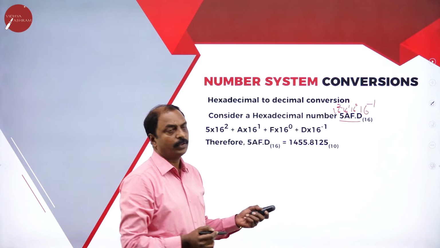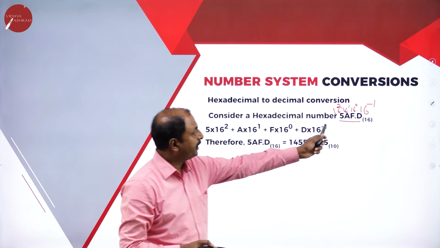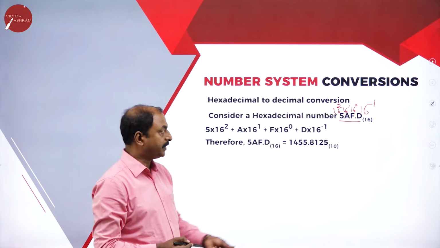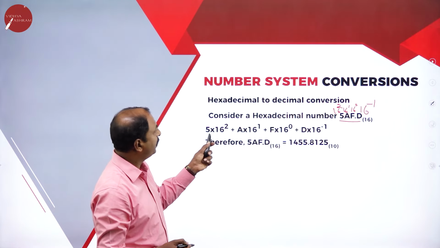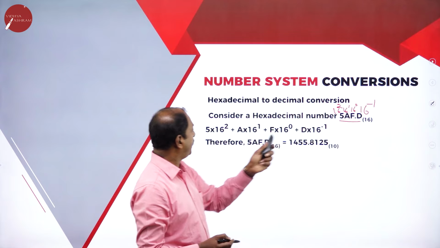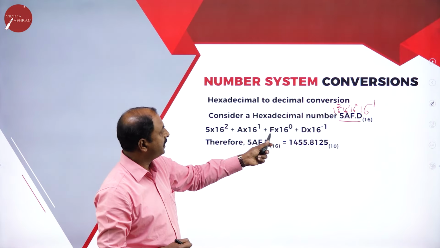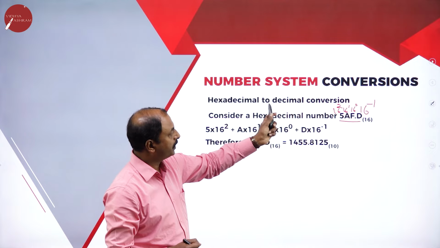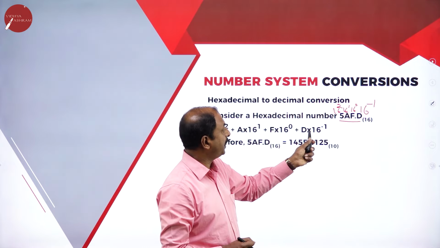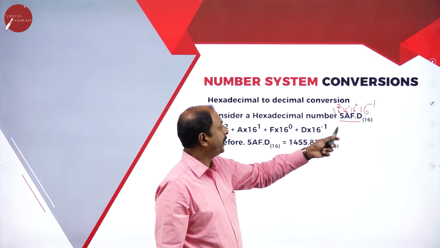Accordingly we multiply the digits with these numbers. So it is 5 into 16 squared plus A into 16 to the power of 1 plus F into 16 to the power of 0, plus D into 16 to the power of minus 1.